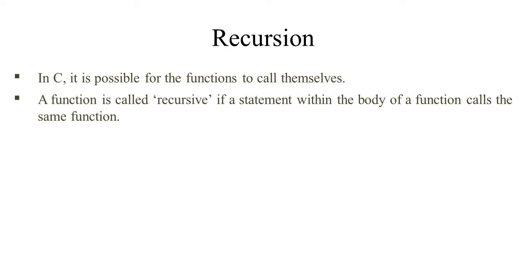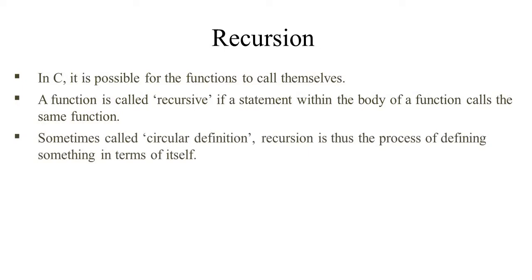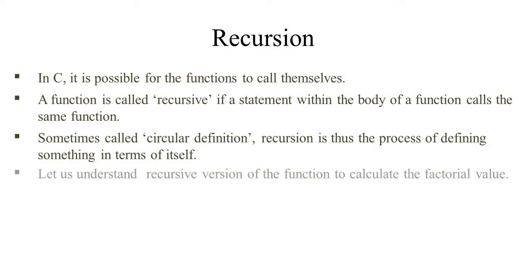Okay, function definition. So in this function definition, if there is a statement calling the same function itself, then it is called a recursive function. Sometimes it is also called a circular definition. So recursion is thus the process of defining something in terms of itself.